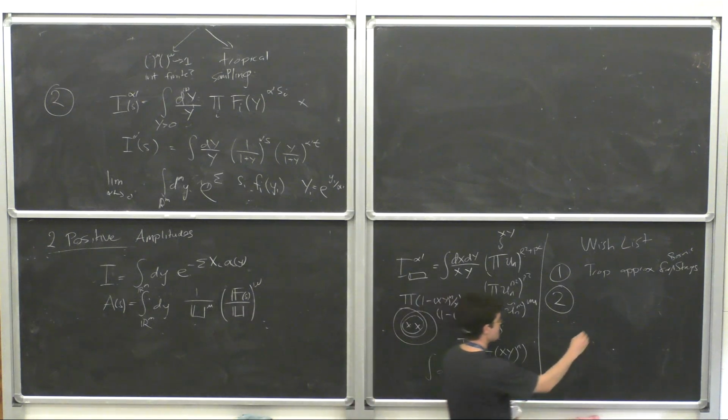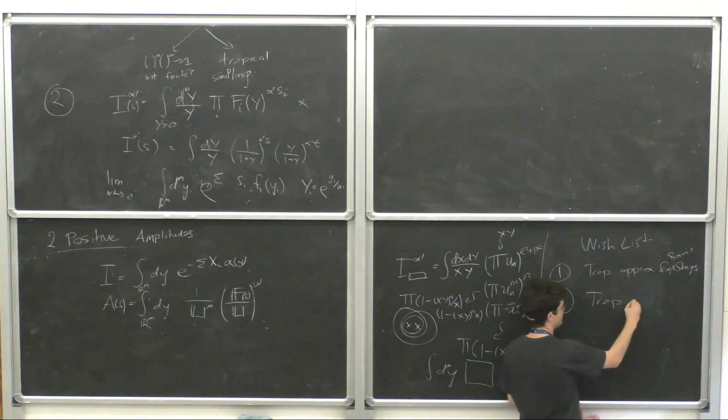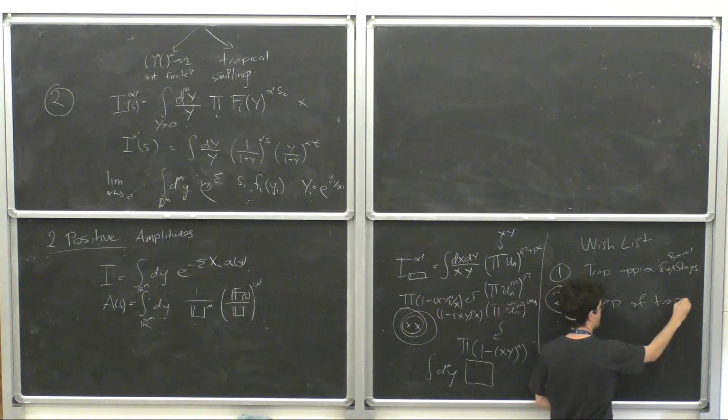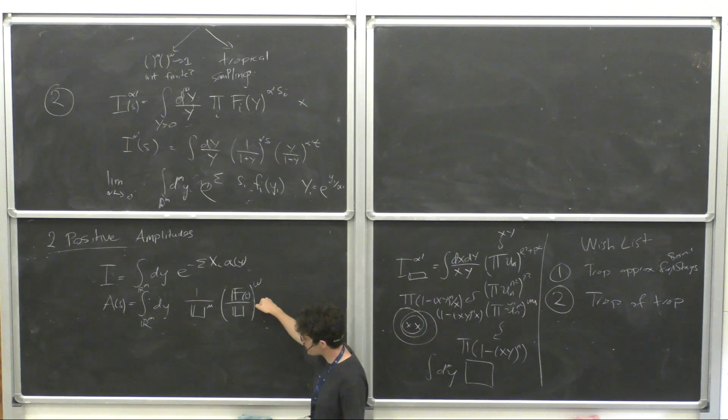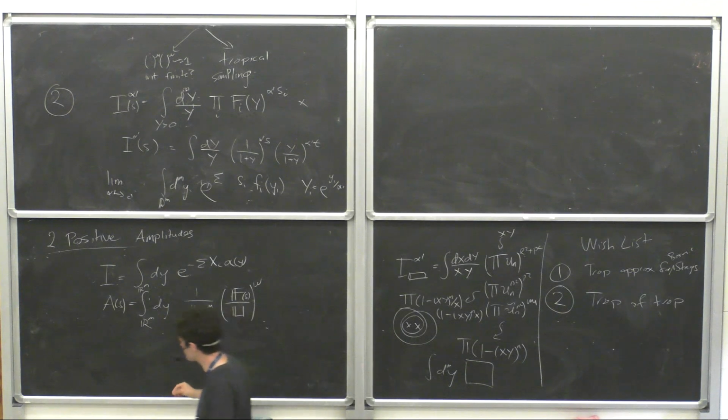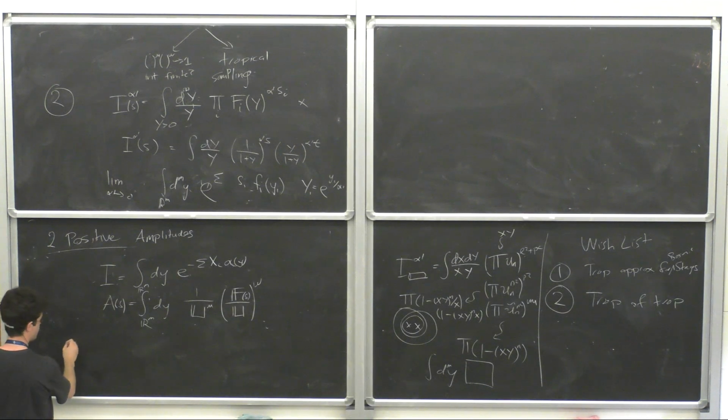So trop of trop, for both the study and the approximation of partial amplitudes in colored theories, is one thing on my wish list.